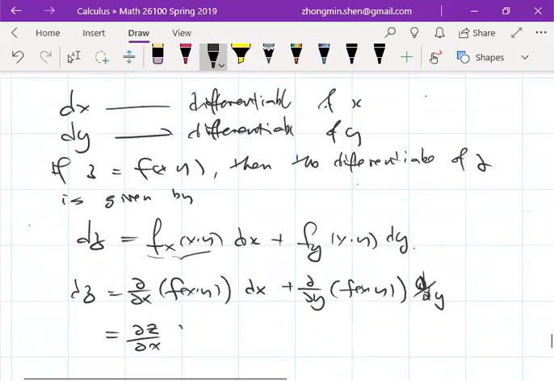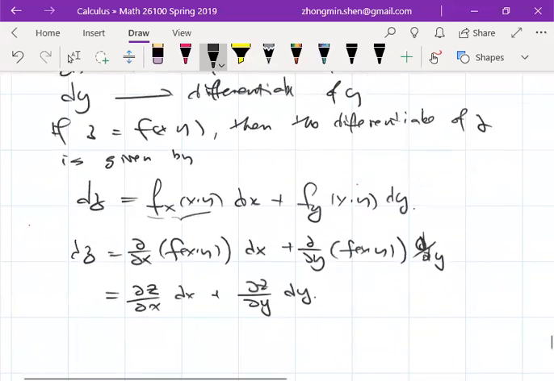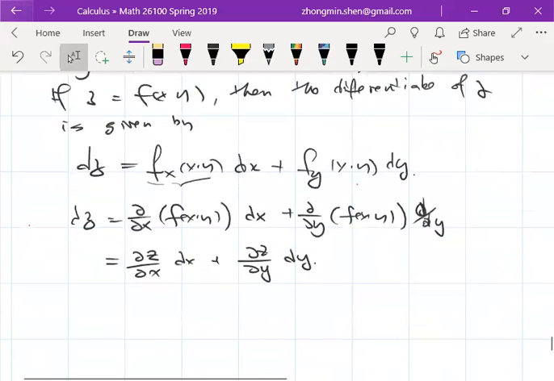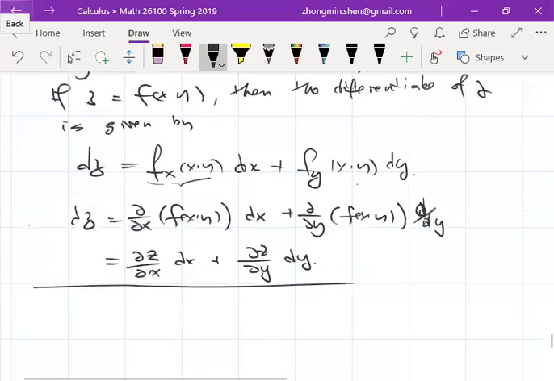So f is gone. It's amazing. Now I can even forget any other variables. So given a quantity z, if you believe it depends on other quantities x and y, then the differential of z is going to be given by the above formula.